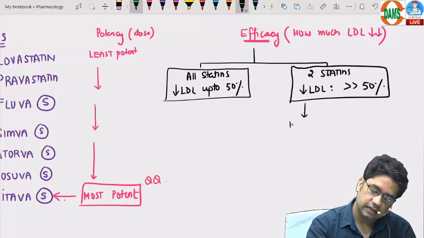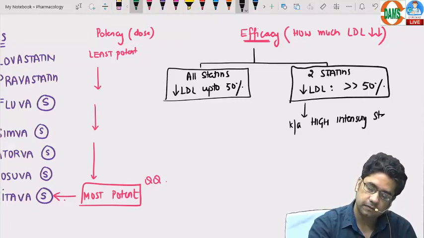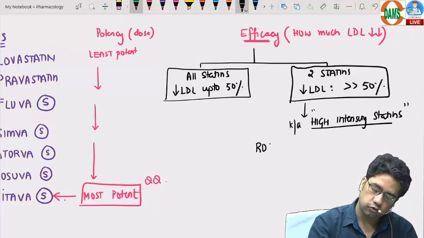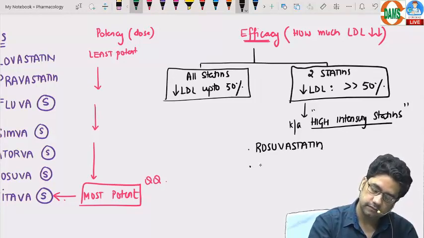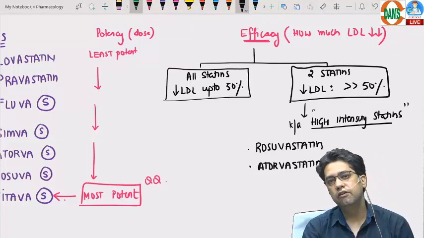These statins are known as high intensity statin therapy. And those two statins are rosuvastatin and atorvastatin. Only these two statins can reduce LDL by more than 50%.